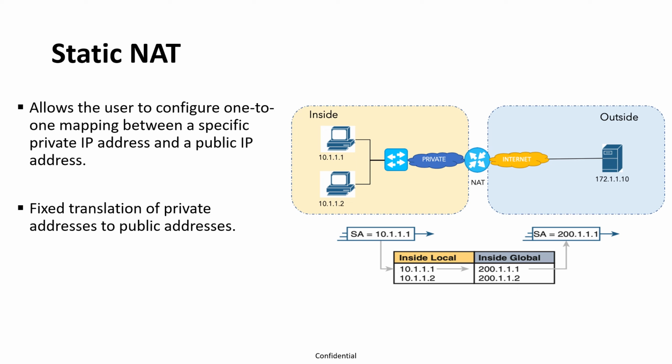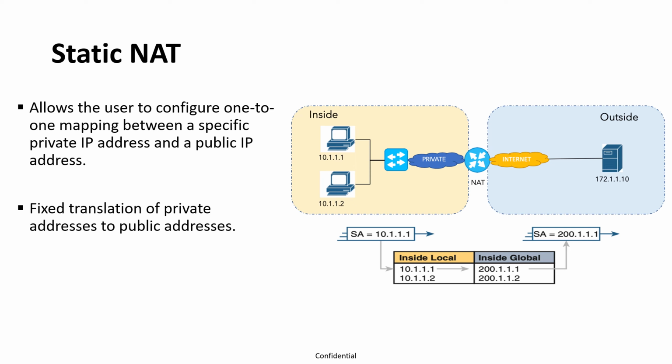The NAT router has a statically configured mapping between the private IP address 10.1.1.1 and a public registered address, 200.1.1.1, for communication with the server on the internet, because we cannot use the private IP address to communicate with that server, right? So the NAT router changes the source address of host A from 10.1.1.1 to 200.1.1.1, as you can see in the picture.